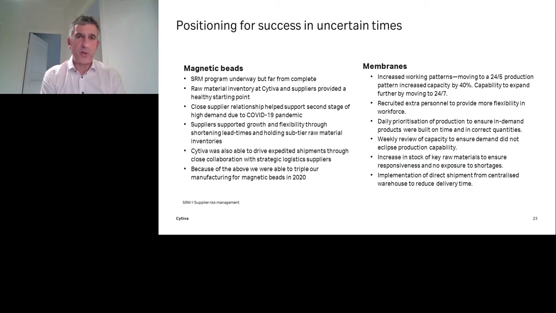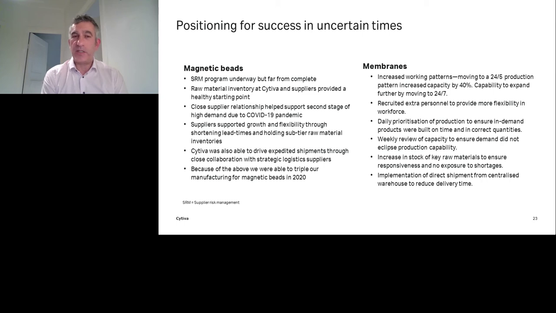I think I've already mentioned that we recruited extra personnel, providing more flexibility in the workforce, and we moved to daily prioritization meetings to make sure that the in-demand products were being manufactured on time and in the correct quantities to support customer demand. We now have weekly reviews of capacity to ensure that the capacity can meet the demand that is required.